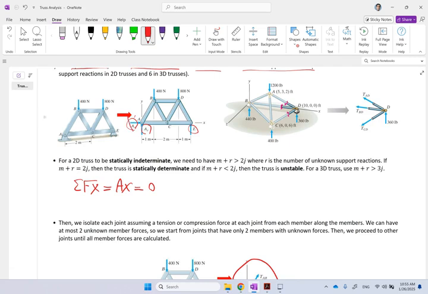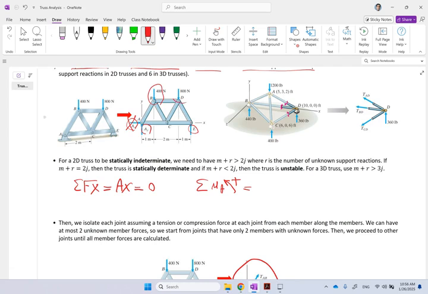Right now, since AX is 0, it doesn't matter whether you do it about E or A, because only one of them has an unknown reaction. So it's up to you. So here, maybe I take the sum of the moments about point A, and I go counterclockwise positive. If you look at it, AY passes through A, so that has no moment.